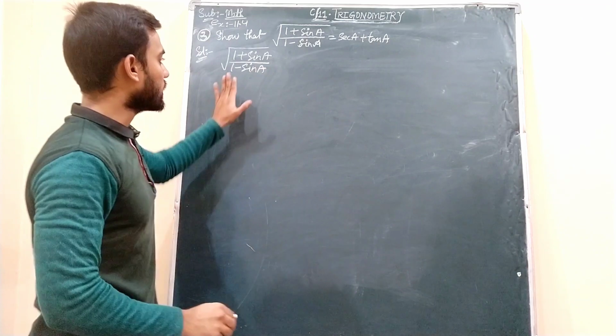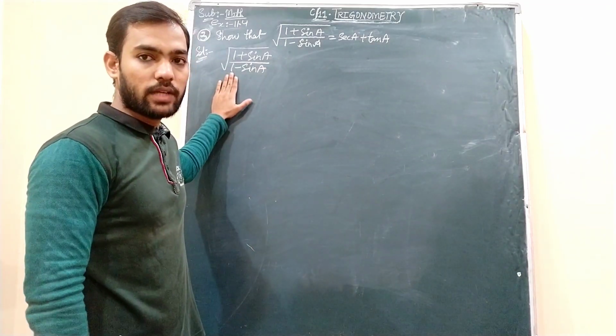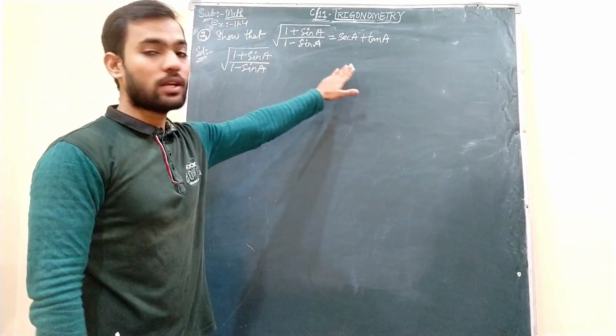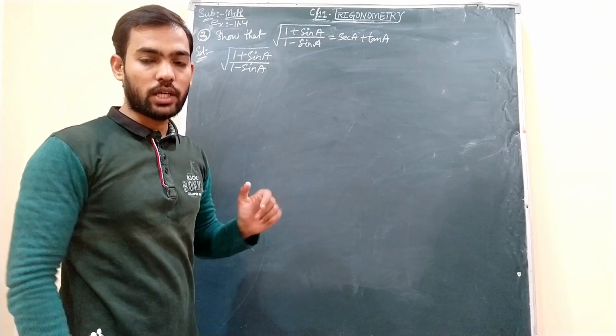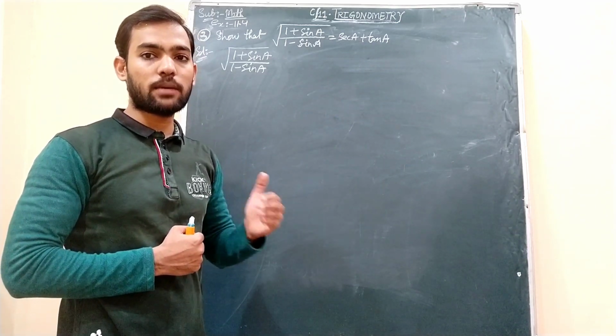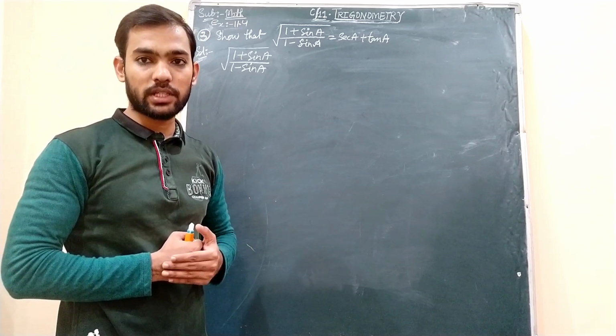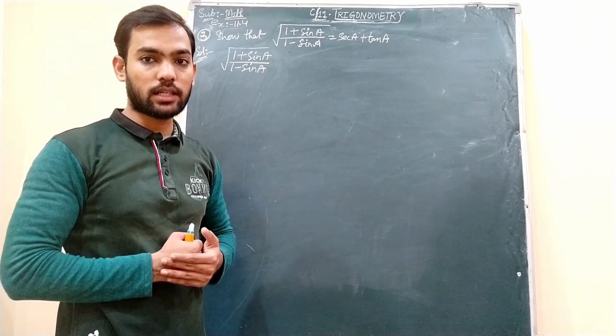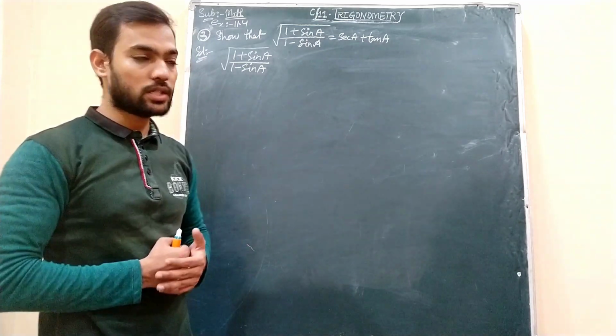Now if you see, students, on the LHS side we are having a root, whereas on the RHS side you are not having a root. So our target is to remove this root. To remove the root, the process is rationalizing the denominator, that you have learned in your 9th grade, chapter 1, long questions you have seen.